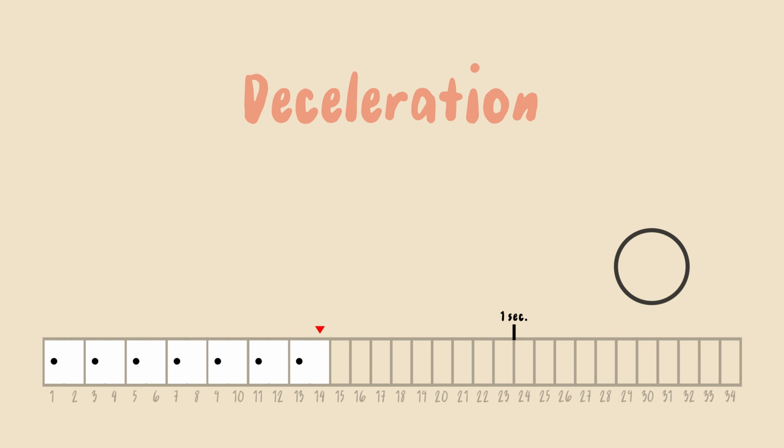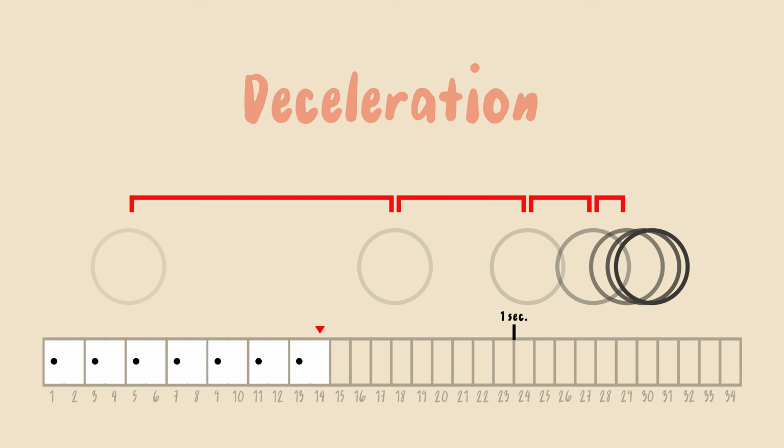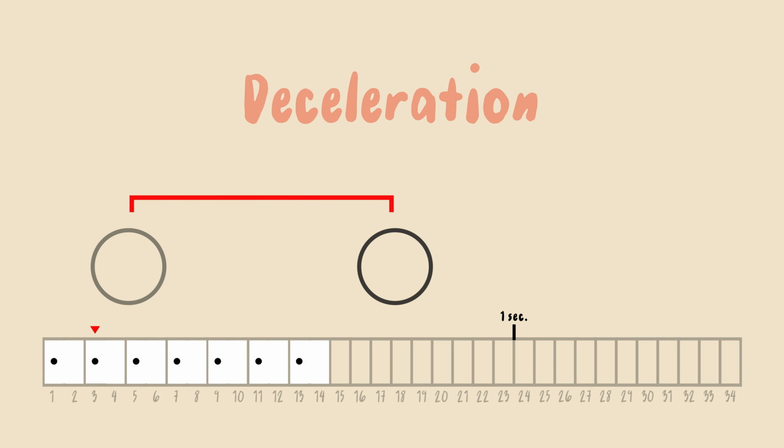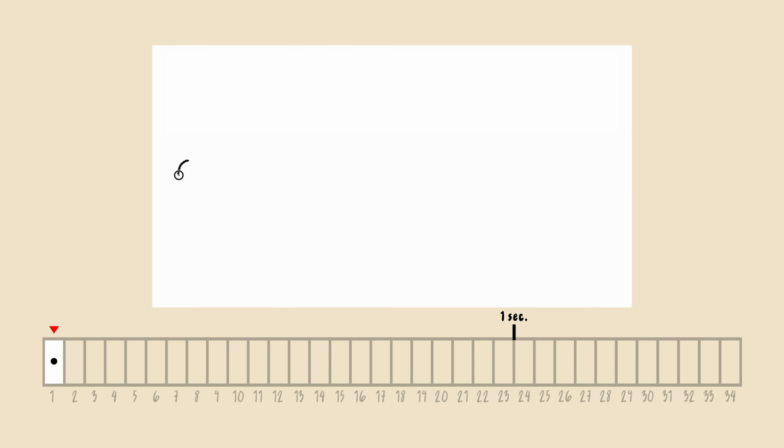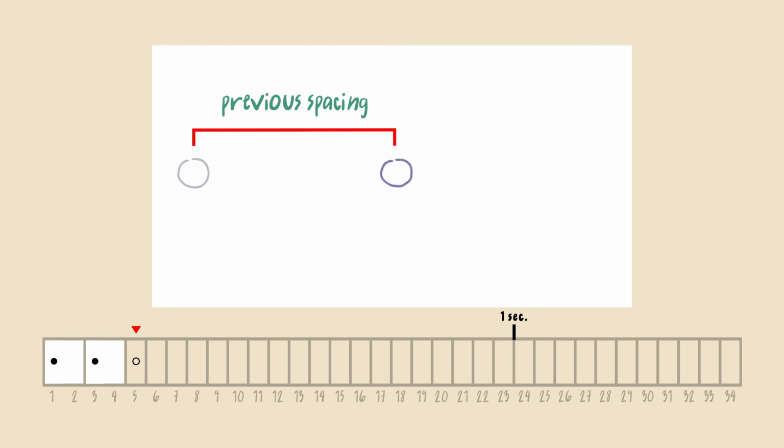To convey deceleration, we need the spacing to gradually decrease. We can use the rule to cut into half the previous spacing and use that. So let's try. This is our first frame. Then let's skip a frame and create a new frame. Again, since we have nothing to base this on, let's just use any spacing. I'm going to use a big spacing so that I have a lot to divide. Now let's skip a frame and again create a new frame. Now I'm going to cut to half the previous spacing.